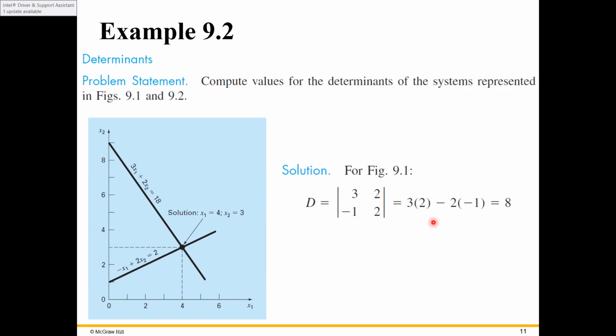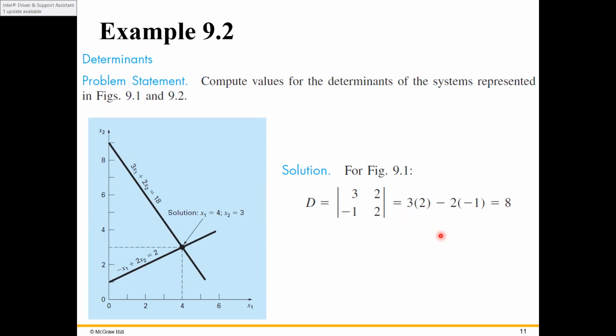Its determinant will be 3 times 2 is 6, plus 2 times 1, that is plus 2. So 6 plus 2 is 8.